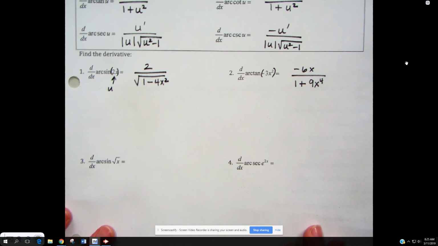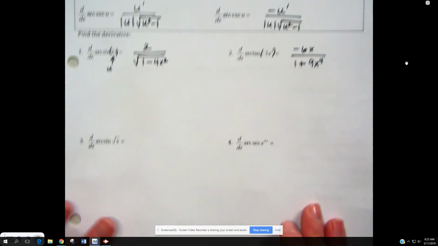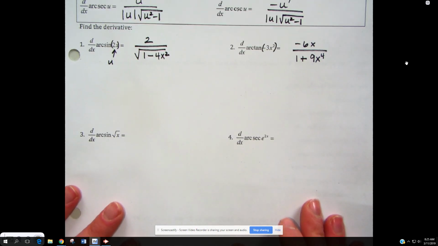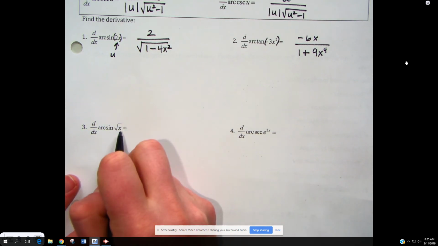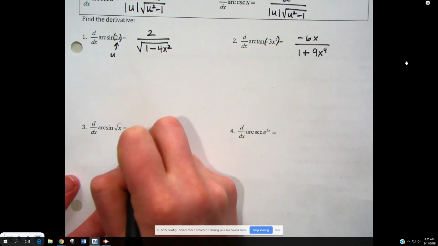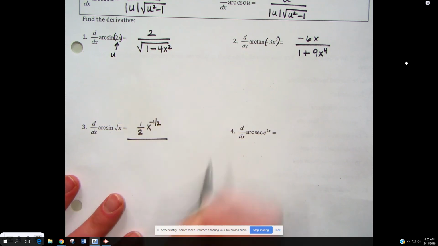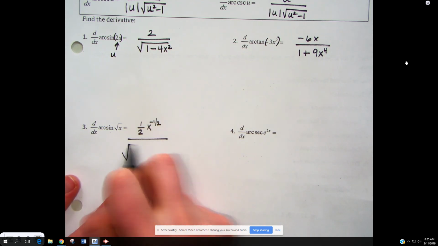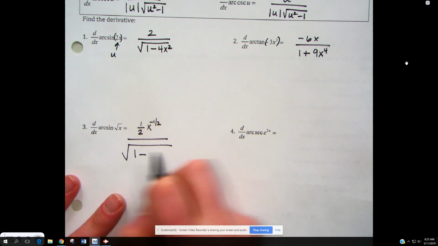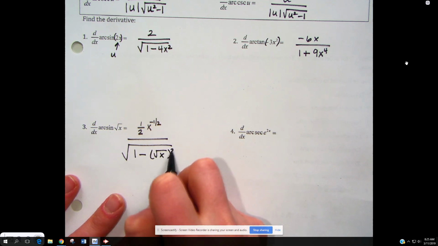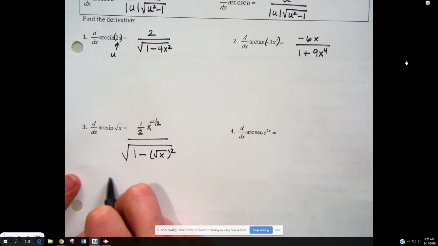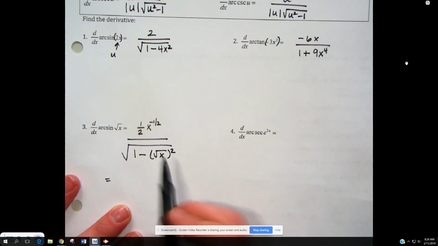A little bit more simplification on number 3 here. Much like the one right above it, the formula is to take the derivative of the inside. Here that would be 1/2 x to the minus 1/2. And then underneath, I would have the square root of 1 minus the square root of x, squared. It might be easier to think of this as a product.